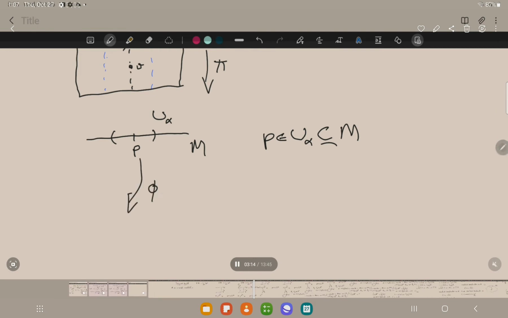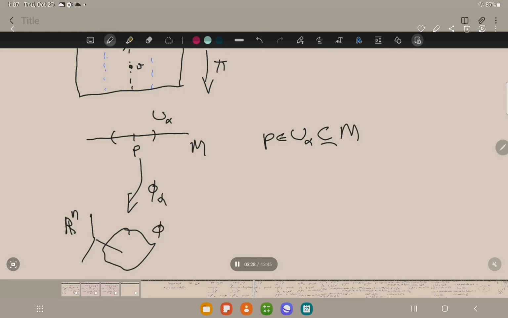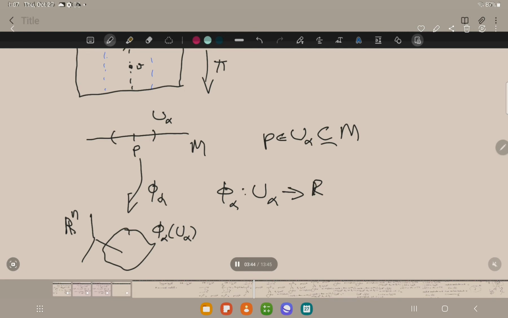Now, if you have a chart, let's say phi alpha, this is the coordinate representation. There will be a mapping from U alpha containing P to R^n.